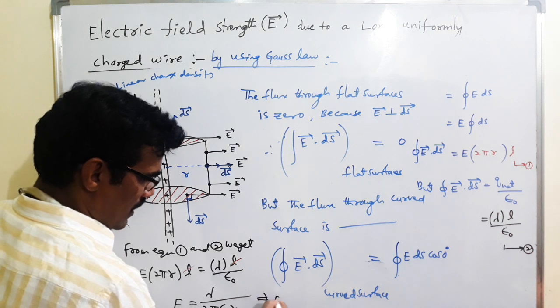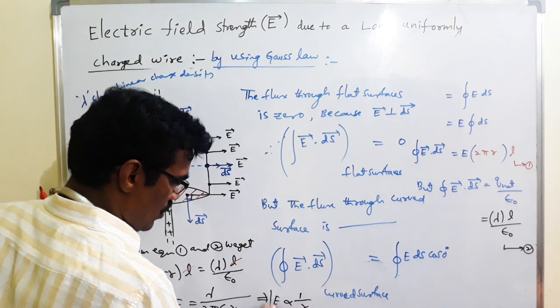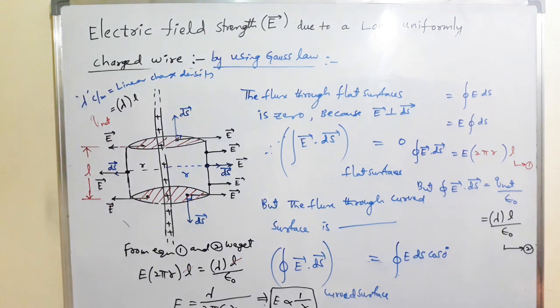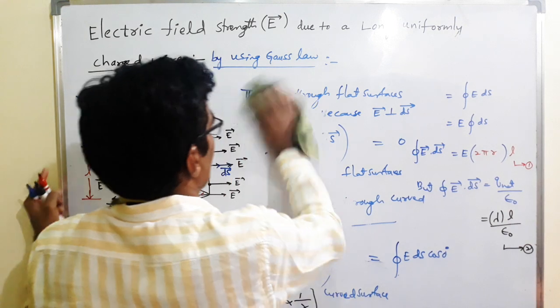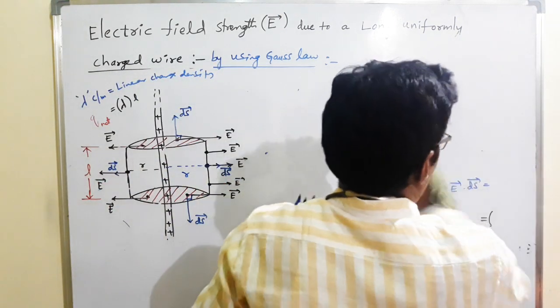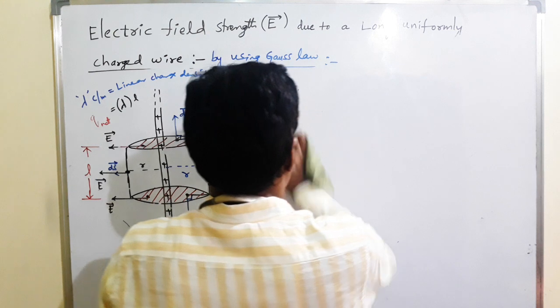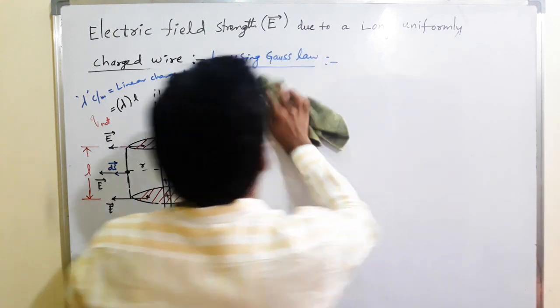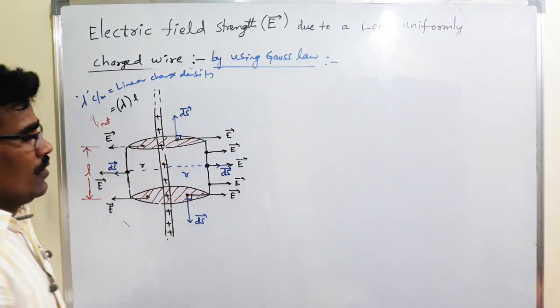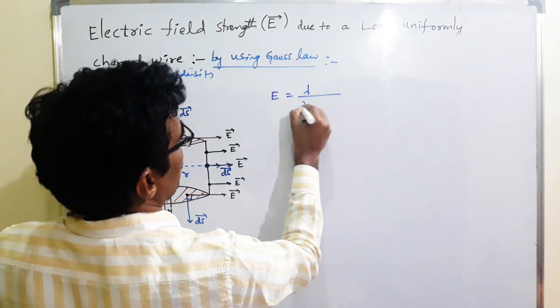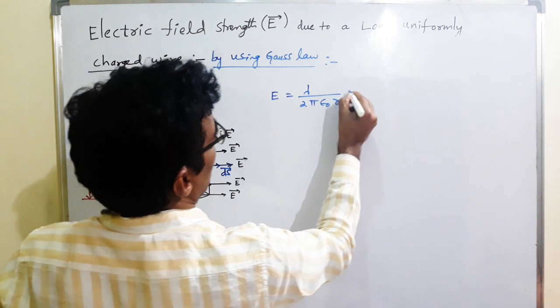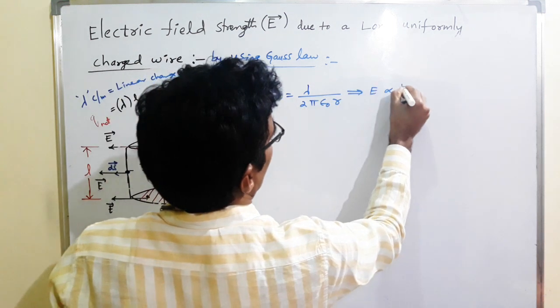Therefore E is inversely proportional to r. Write it down. Your answer is E equals lambda by 2 pi epsilon naught r.